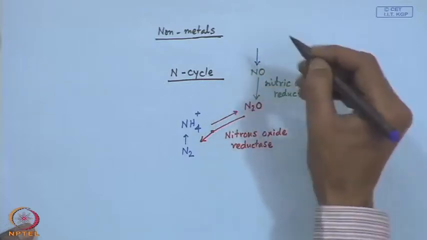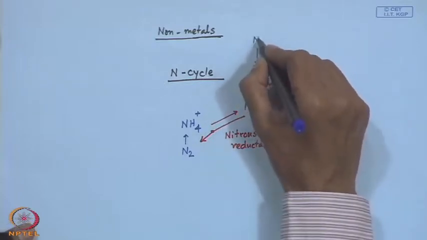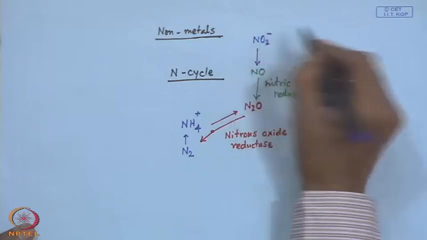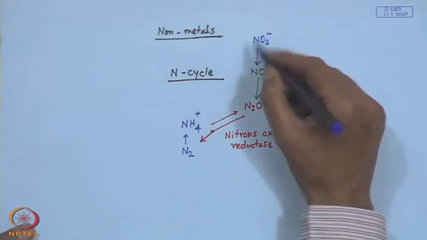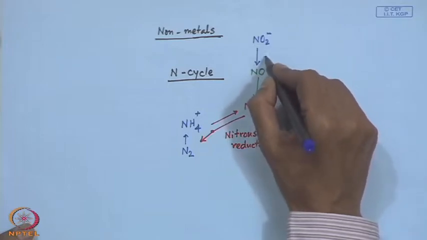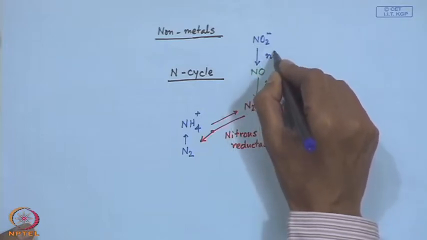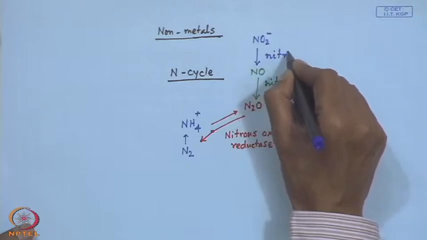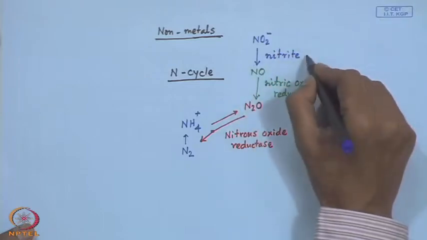we basically get it from the nitrite ion. So, the nitrite ion, when giving us the nitric oxide molecule, again the enzyme system here is nitrite reductase.